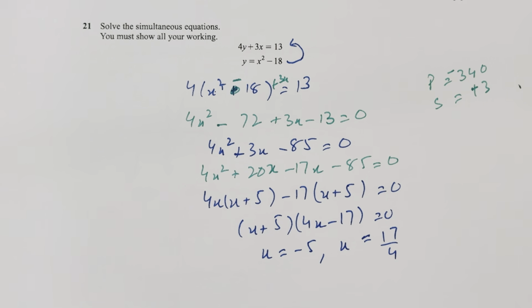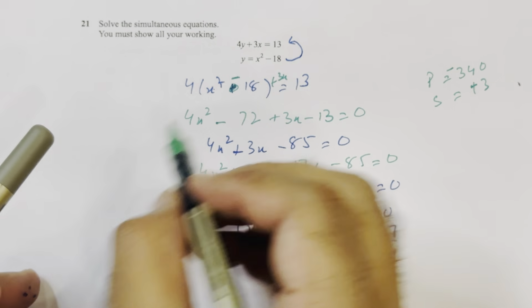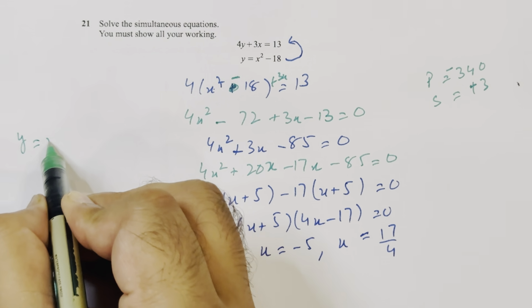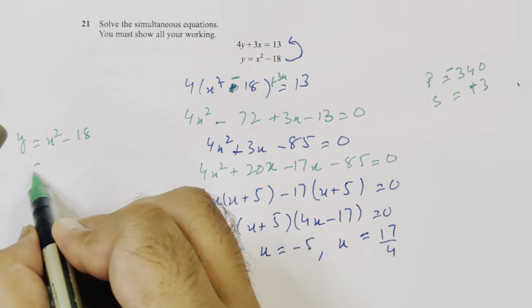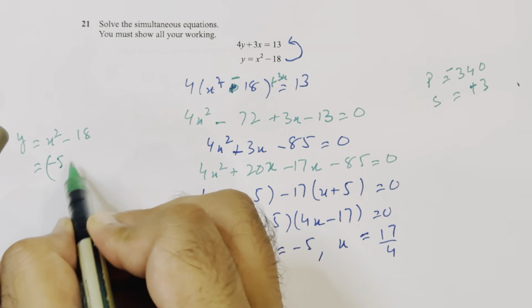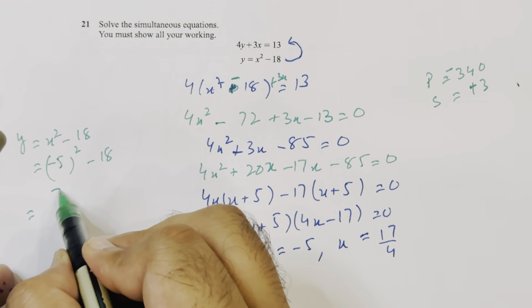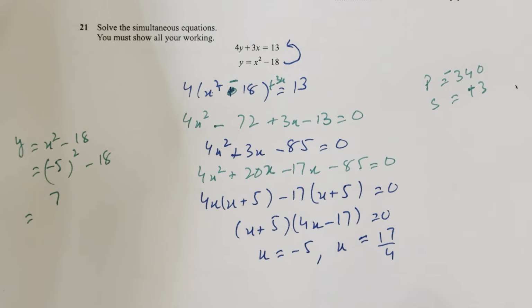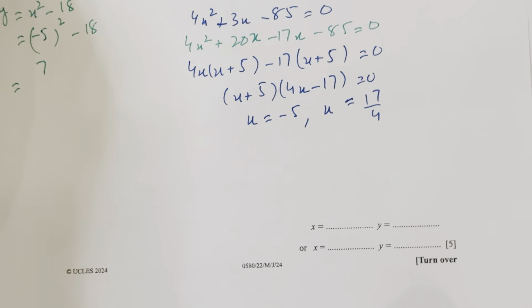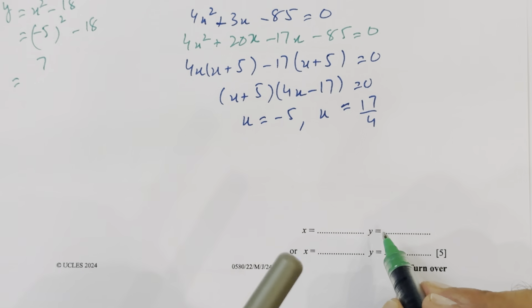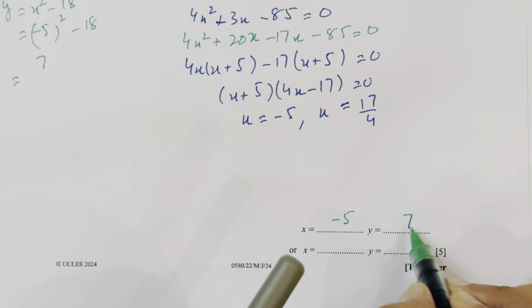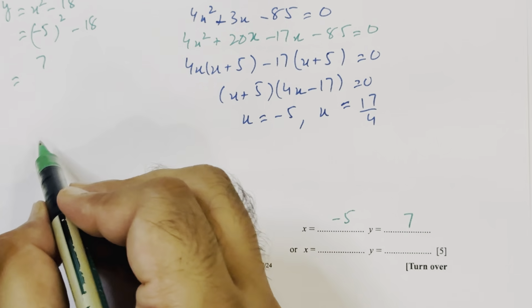Now you need to put these values in the equation y is equal to x squared minus 18. When you put the value of minus 5 over here, you get the value of 7. So when x is minus 5, the value of y is 7. Now you need to put the other value as well.